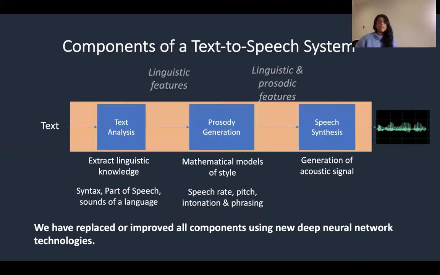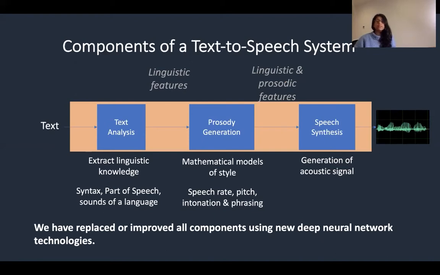So to give a very rough understanding of what goes behind a text-to-speech system, we can think of it as 3 subcomponents. The first component is the text analysis component, which takes in the text and produces the linguistic features. The second component is the prosodic generation component, which takes in the linguistic features and produces the prosodic features.